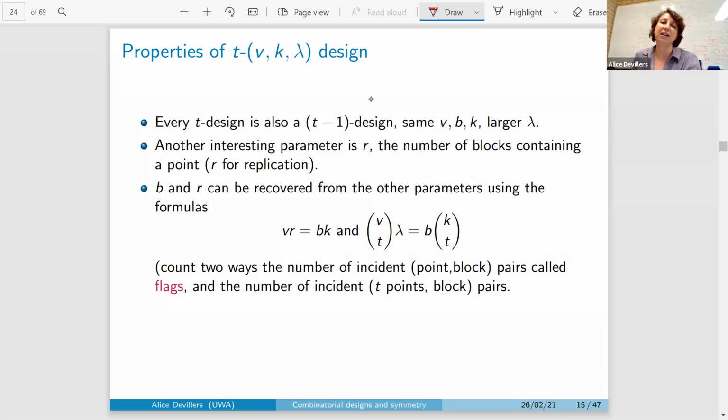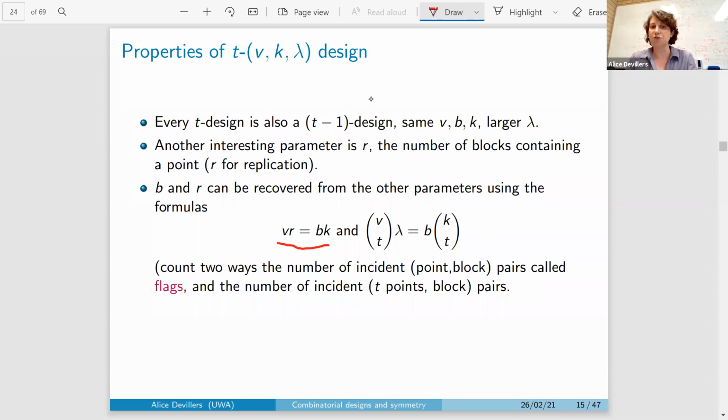Now b and r can be recovered from the other parameters. That's why we just write t, v, k, lambda. We don't need b and r to be in the list of parameters because you can just deduce them from the other ones. You just do a little bit of counting. For instance, if you look at this identity here, if you count the number of incident point-block pairs, then you get that.